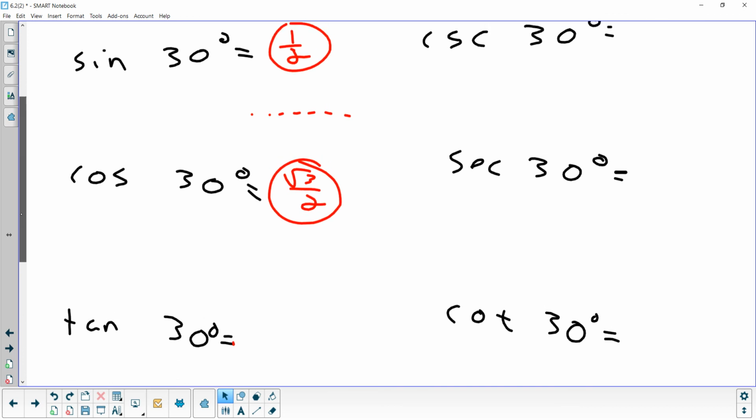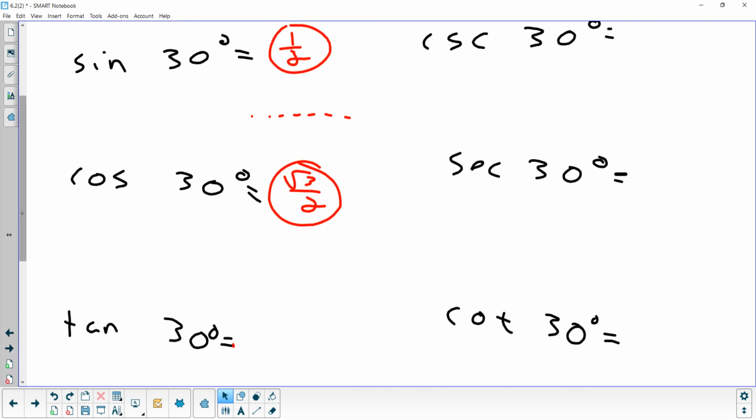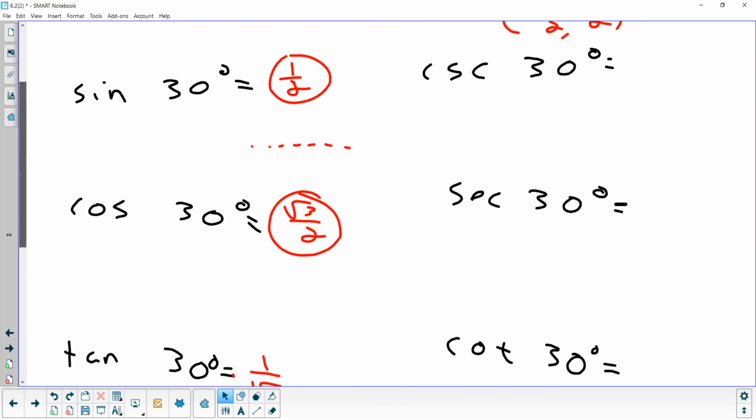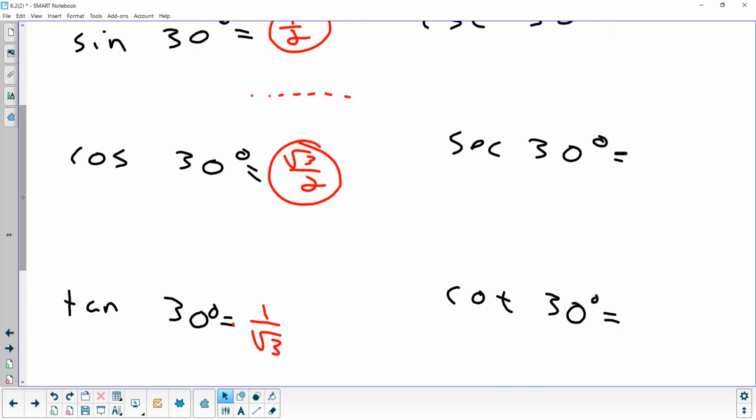The 2's, because when you divide by a fraction, you flip and multiply, and that would cause the 2's to cancel. So you would have 1 over the square root of 3. But Sophie, what do you get when you fix that? Square root of 3 over 3.